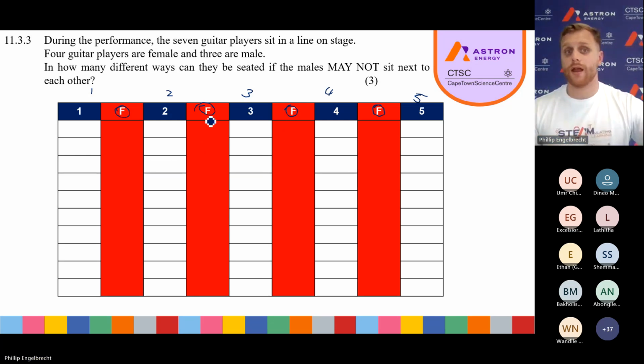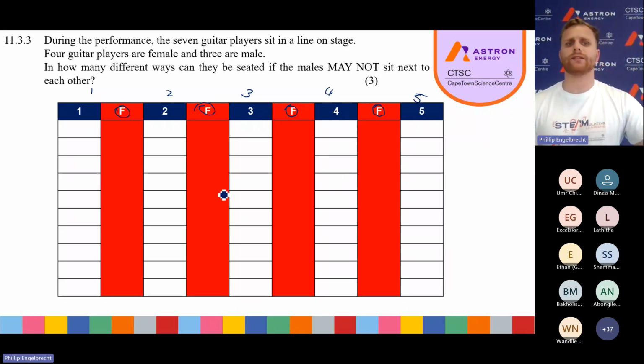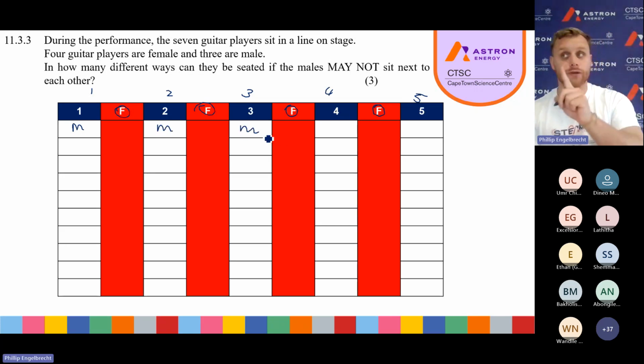Perfect. Now, let's see. The females, I'm just going to make them stand like this. Now, how can I position the males? Well, let's start first. I can have a male standing here, a male here, and a male here, and you can see there's a female in between each of them.